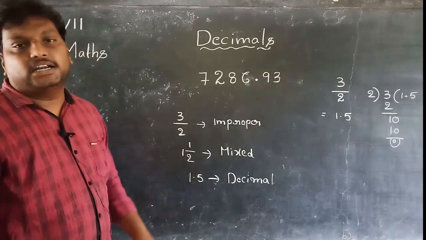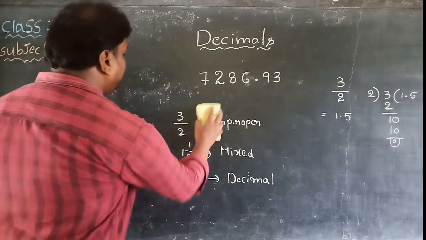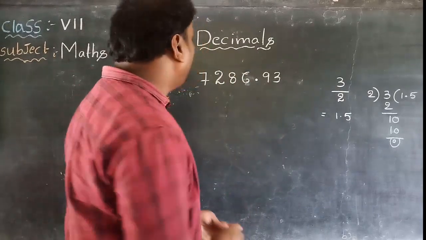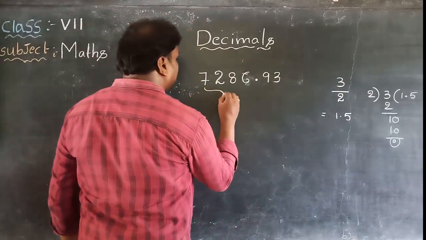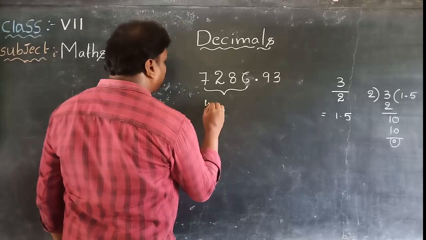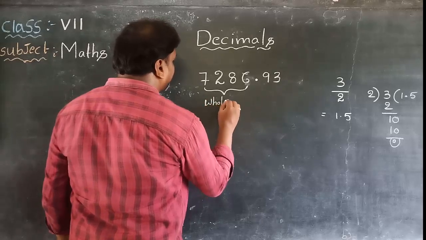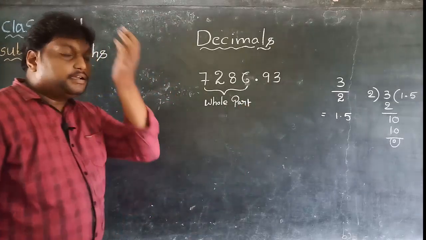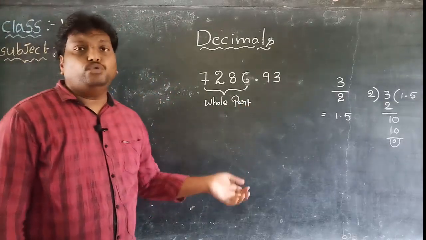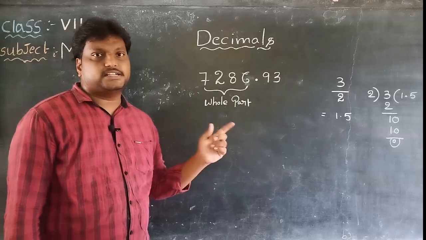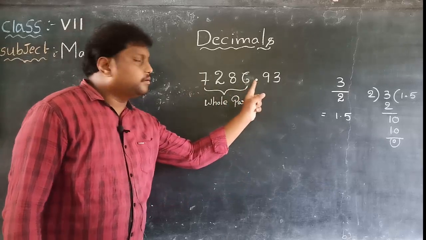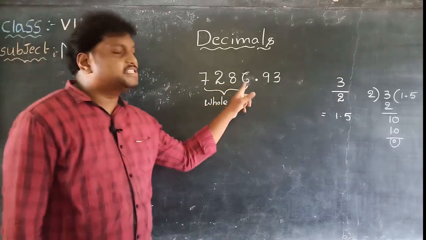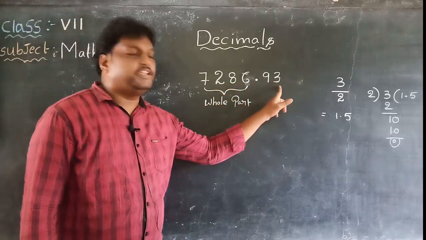This point is called the decimal point. See, 7286, this total is called the whole part. In counting numbers, ones, tens, hundreds, thousands start before the point. This is the starting value. Don't take from here. Why?